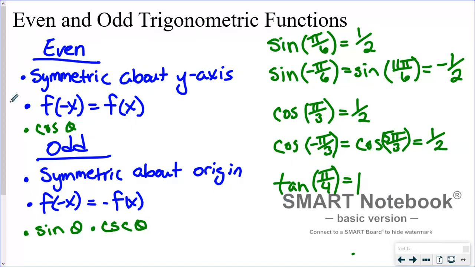So now let's do our even and odd check. Let's throw in the opposite of that, negative pi over 4. Again, you can either go in the negative direction pi over 4, or you can find your coterminal angle by adding 2 pi. Either way, this is the same thing as 7 pi over 4.